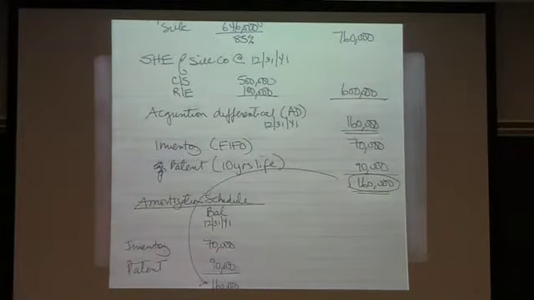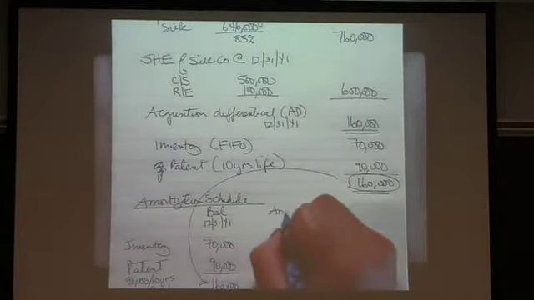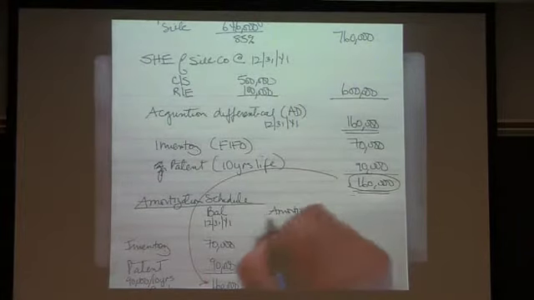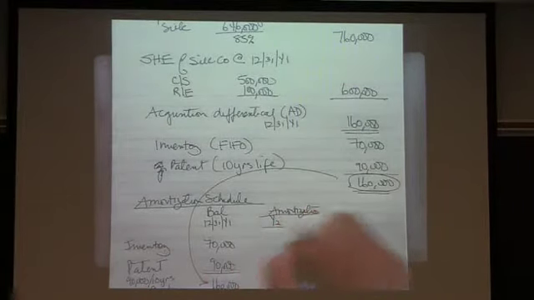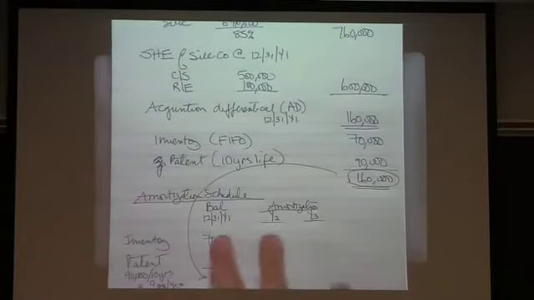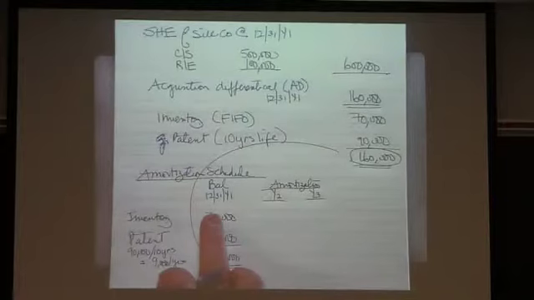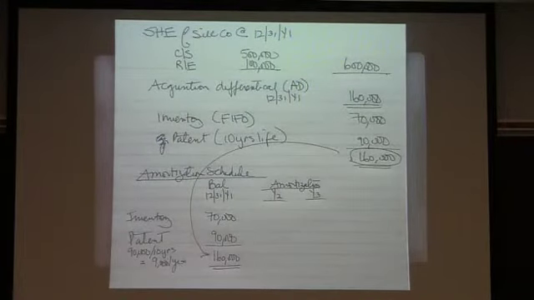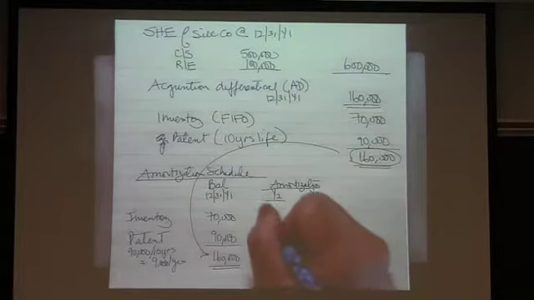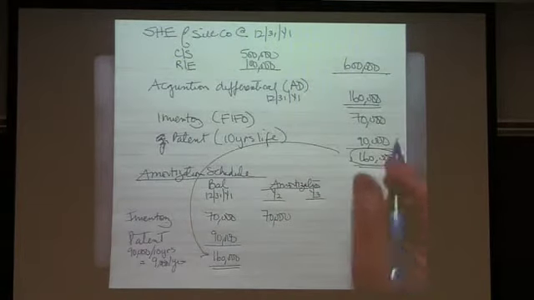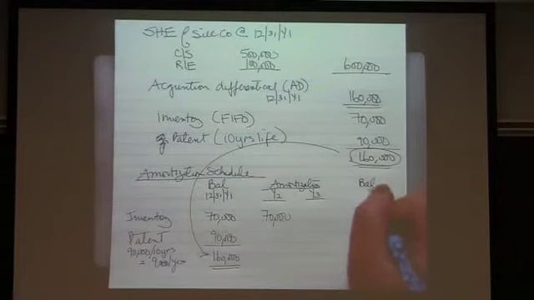Now, we know that this is 10 years, so it's 90,000 divided by 10. The amortization is 9,000 per year. Now, amortization for year two and year three. So we know that under the FIFO basis, we're going to amortize the 70. It's going to be recognized, adjusted to income in the first operating year. So that at the end of the year, the balance at December 31st, year 3, is 0.